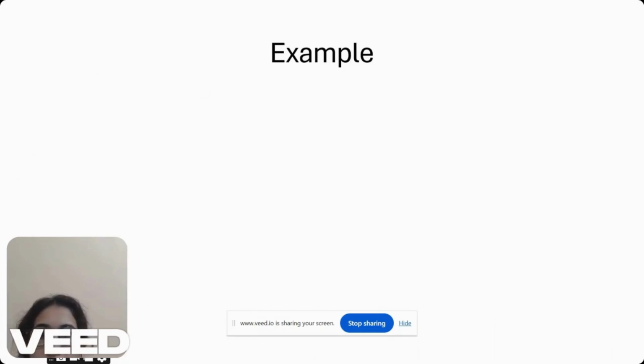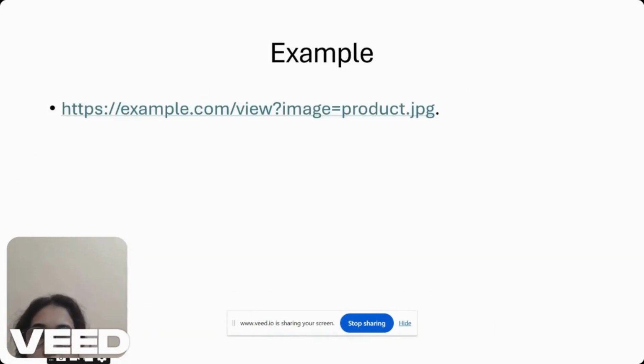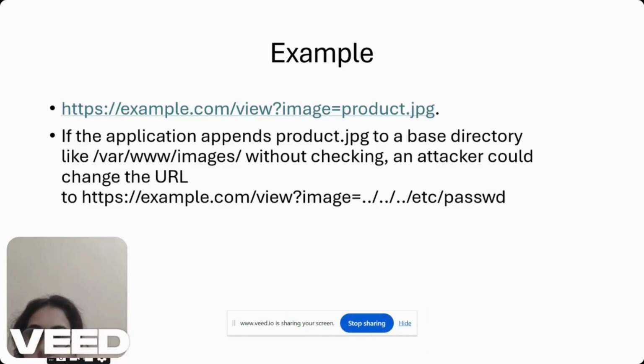Now we will explain by example. Suppose there is a website example.com where we are accessing an image file product.jpg, and the application appends product.jpg to a base directory like /var/www/images.